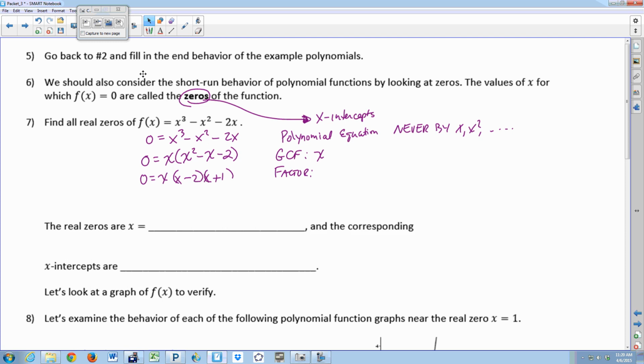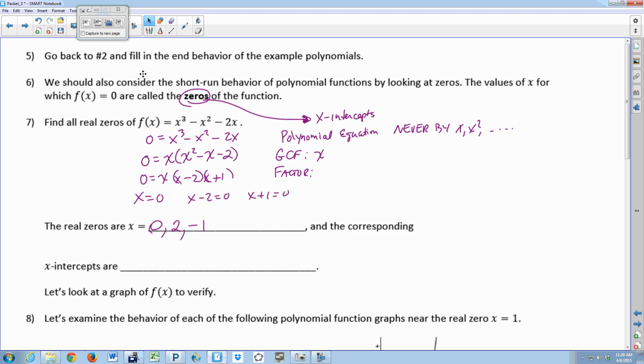Now our job is simple. We set each factor equal to 0, each one of these, and we solve for x. So we get x equals 0 in the first one, x equals 2 in the second one, and x equals -1 in the third. So we can call these values of x three different things.